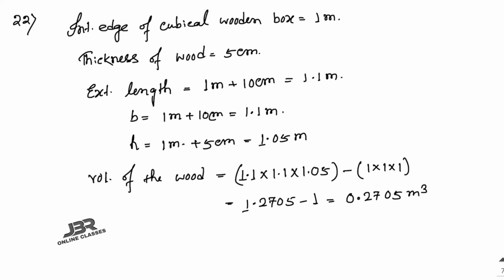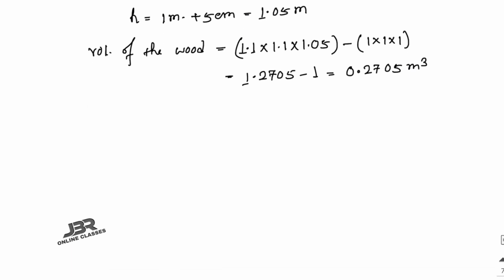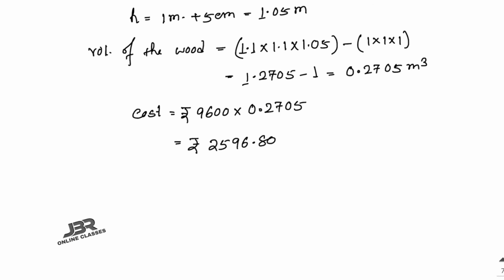That is the volume of the wood. Now you have to find out the cost. According to the problem, the wood costs 9600 per cubic meter, so rupees 9600 multiplied by 0.2705, and that equals rupees 2596.80 as your answer.